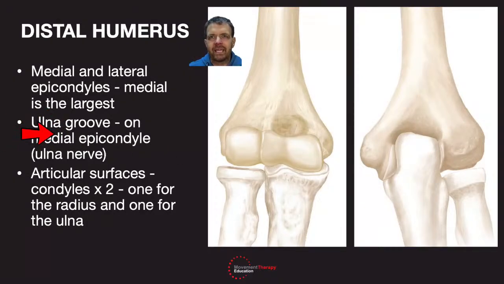And then we've got this here. This is the ulnar groove on the medial epicondyle, and the ulnar groove is where your ulnar nerve will pass through. So medial epicondyle, remember, is on the inside, and it's the biggest one.